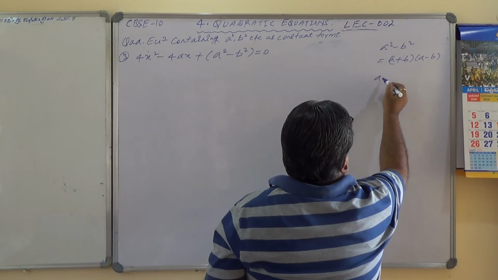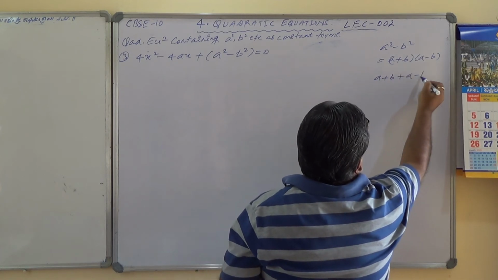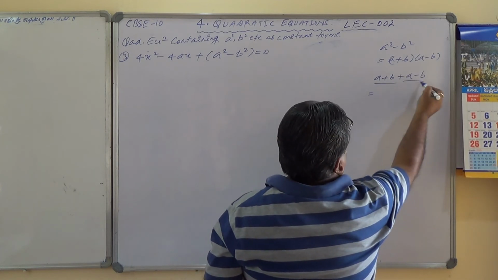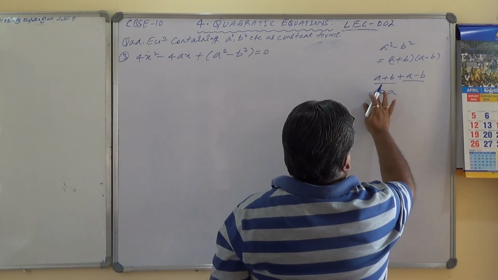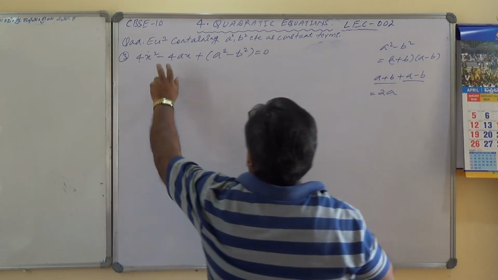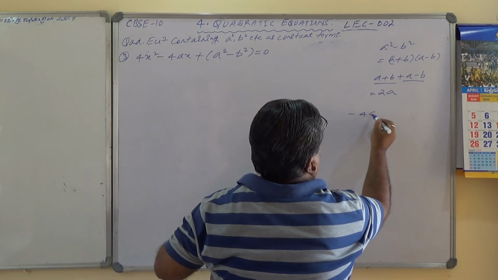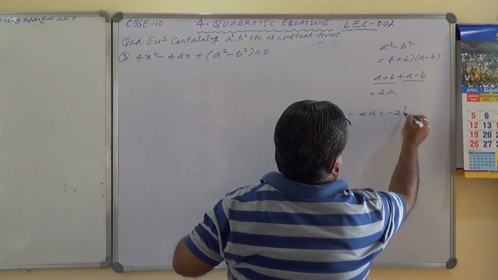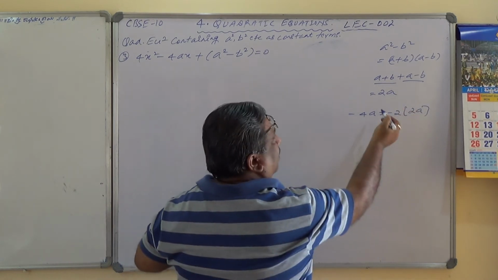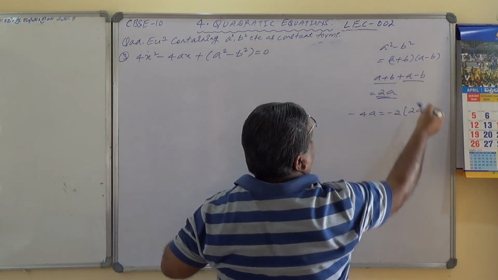Listen here. A plus b plus a minus b, adding these two terms, gives 2a. But what do I basically want? Minus 4a. So minus 4a equals minus 2 times this 2a. What is this 2a? The entire a plus b plus a minus b.